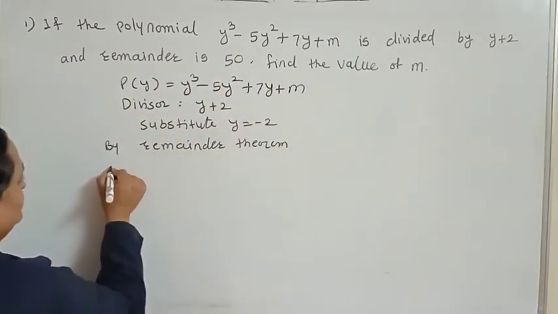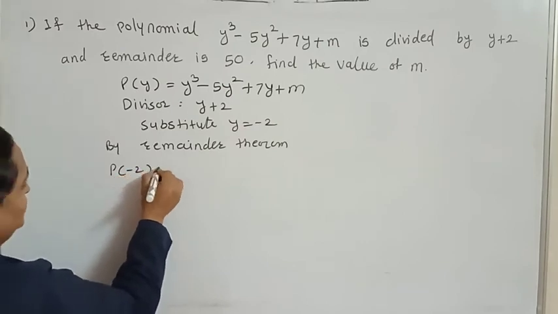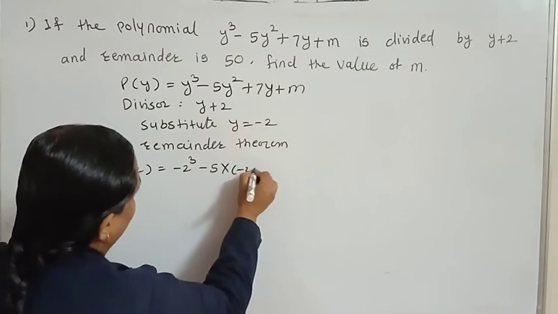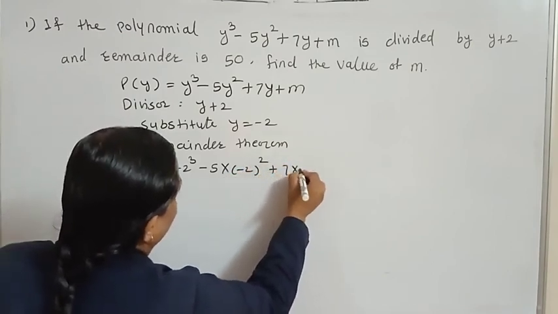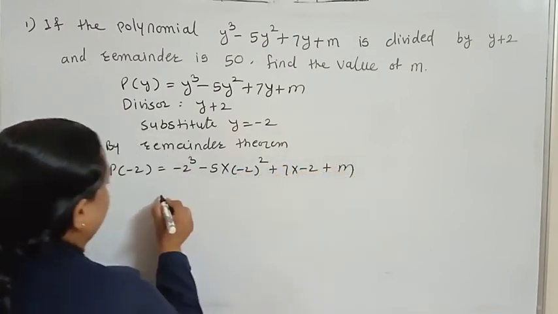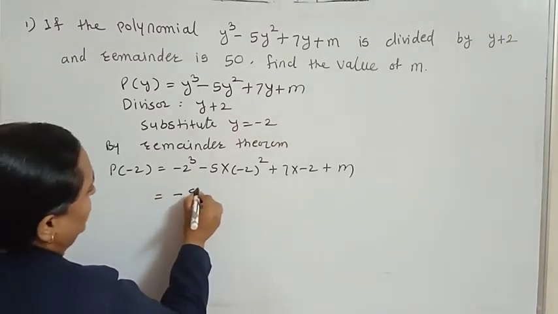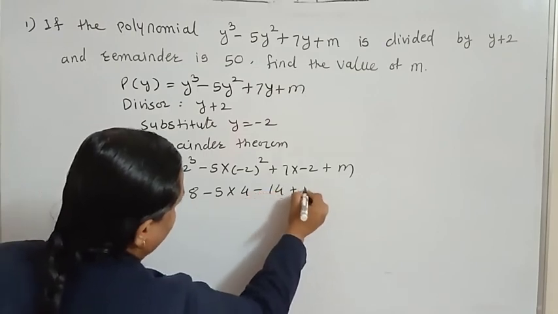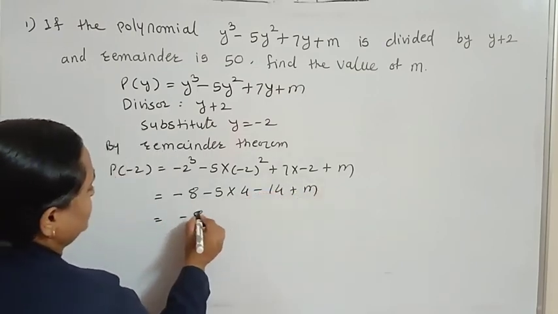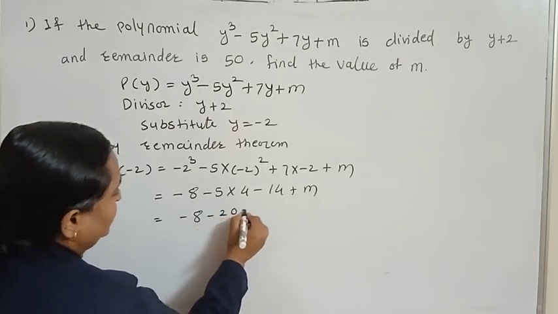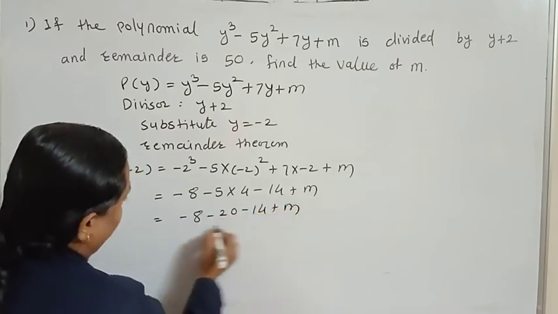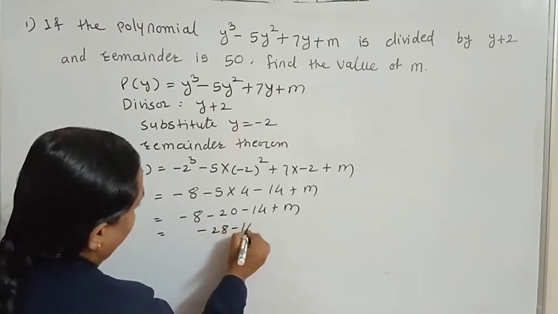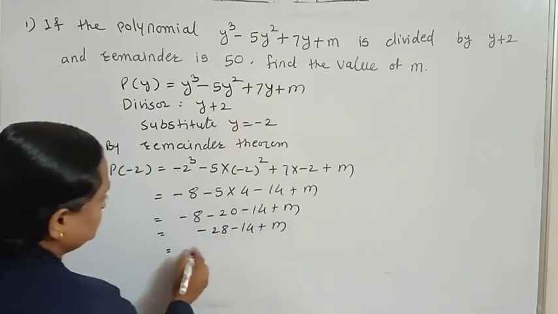So by the remainder theorem, the remainder will be p of minus 2: minus 2 cube minus 5 into minus 2 square plus 7 into minus 2 plus m. Minus 2 cube is minus 8, minus 5 into 4 is minus 20, minus 14, plus m. Minus 8 minus 20 is minus 28, minus 14 plus m.